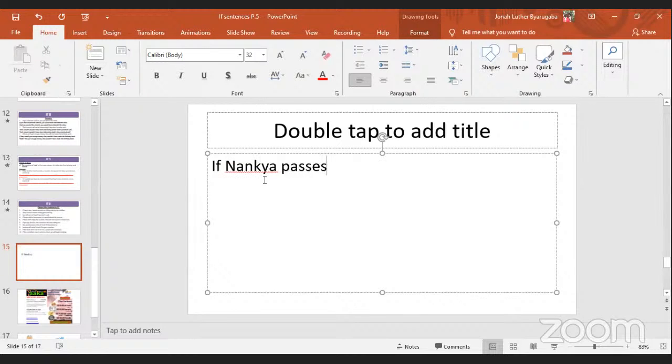Nakia would have. No. You begin with the if clause. If Nakia would have. If Nakia would have. Really? You are combining the if clause with the main clause.